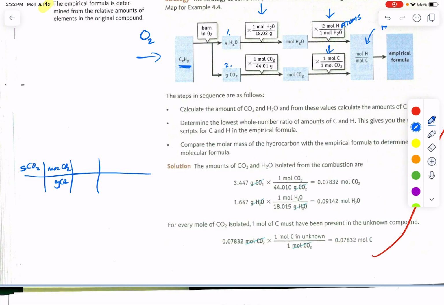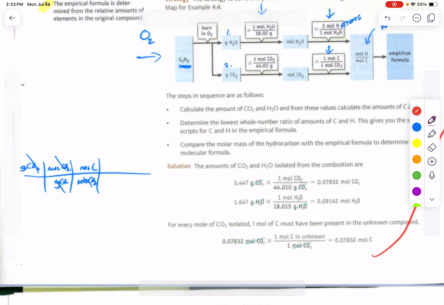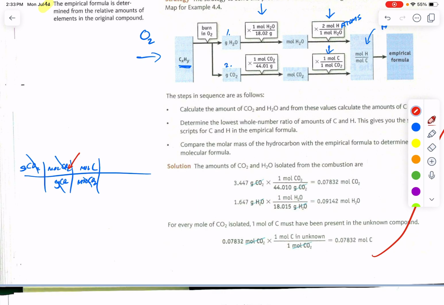And then from there, once I know my moles of CO2, I want my moles of carbon that are in my moles of CO2, because my grams cancel out, my moles of carbon dioxide cancel out, and that subscript, 2, gives me the coefficient, 2 moles of carbon. You don't want to forget that. And that gives me my atoms of carbon. So here is step 1 right there, and then they do step 2.